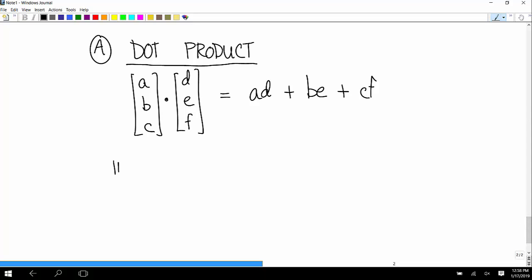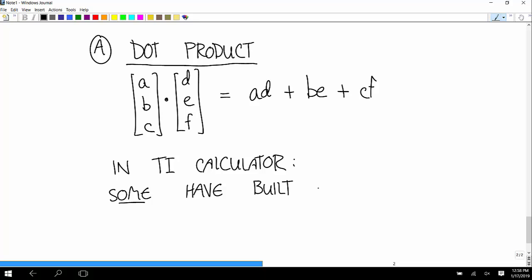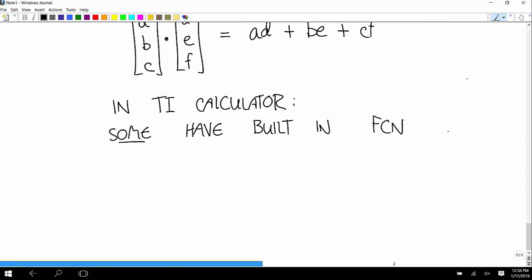In a TI calculator, so first of all, some of them have a built-in function called lowercase dot and then uppercase P. And so you would do that as like dotP, and you'd put in like the first vector would be 1, 2, 3.